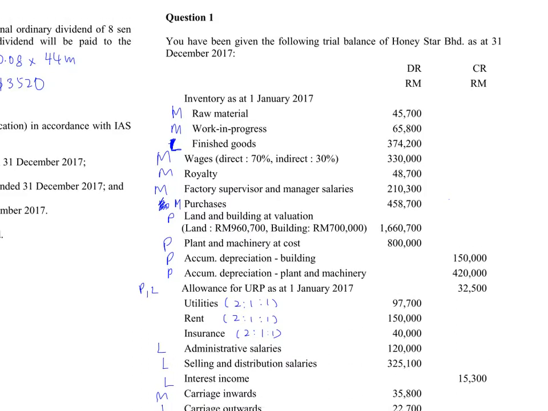Manufacturing account starts with what? Opening raw material. How much? Then purchase of raw mat. Then import duties, carriage inwards. Do I have import duties?